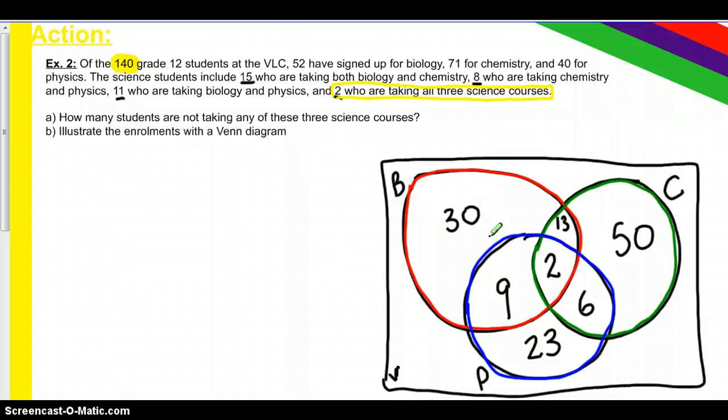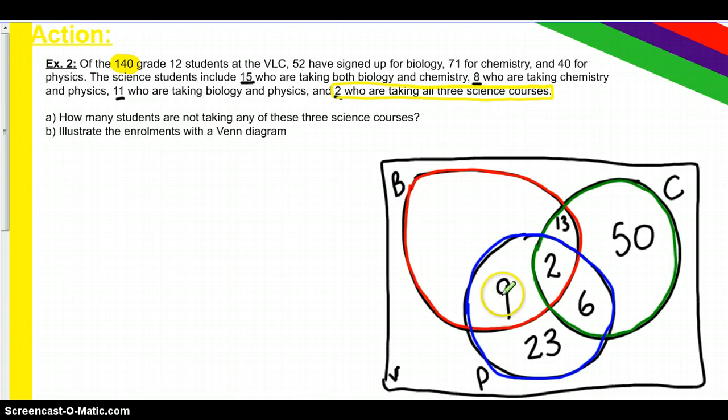And now we notice that I might have made a mistake. Biology should have 52 students total. So I have 11 there. Chemistry and biology, there should be 15, so that works out. So I think this 30 is actually a mistake. That 30 shouldn't be there.